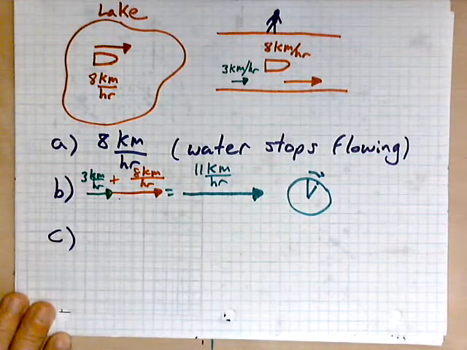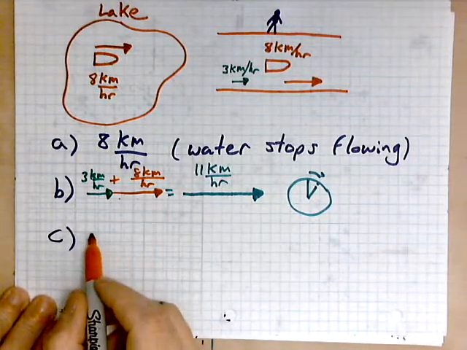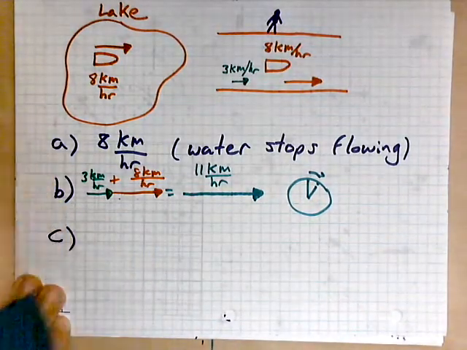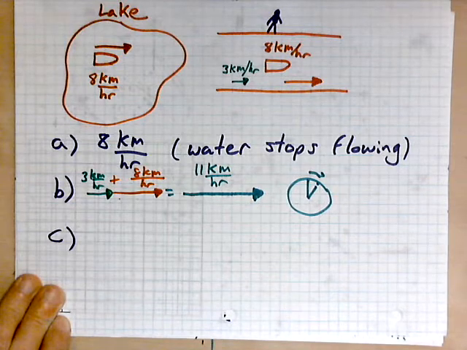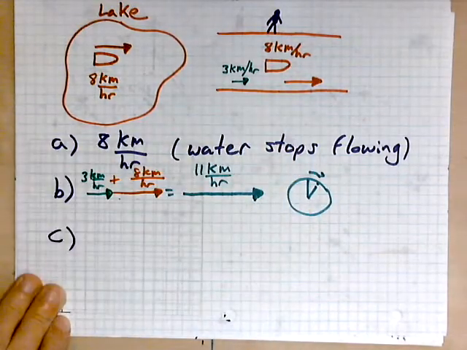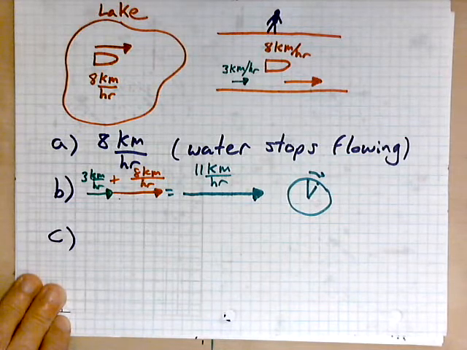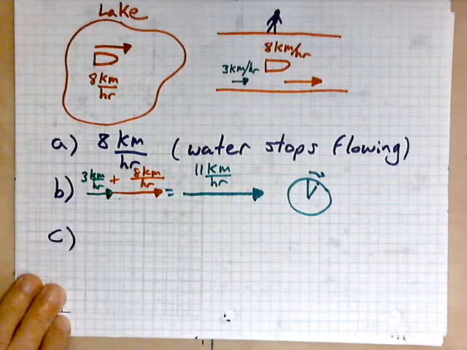Remember, downstream means in the same direction. So if the boat and the river are moving in the same direction, then we describe that as motion downstream. Upstream means against the current, against the direction of the river.